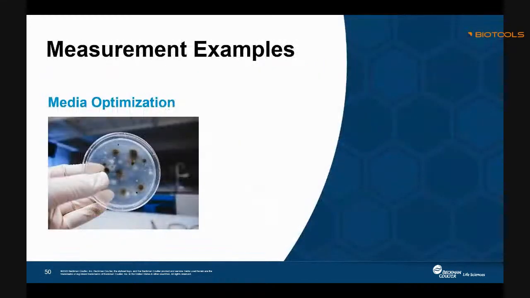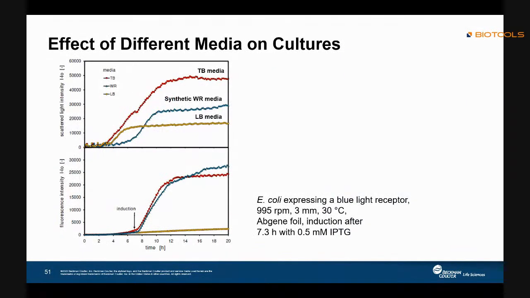And we can do media optimization, like we can check different media to see which medium gives you better results. Sometimes you do the induction and see what the biomass will be for the data.